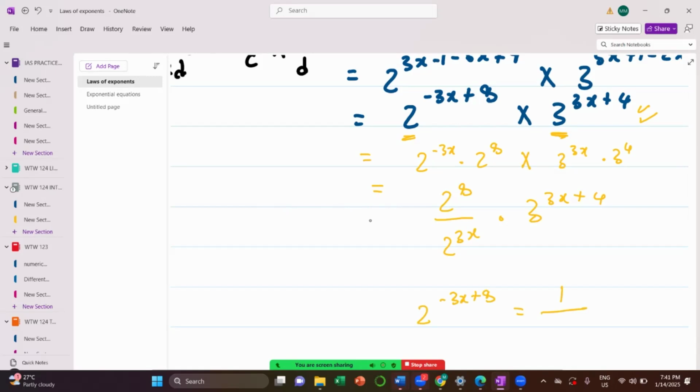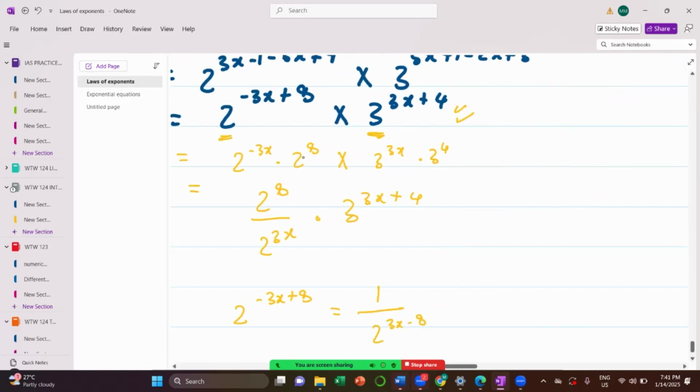So it's gonna be 2 to exponent of 3x minus 8. Because remember that there's this property: when I have a to exponent of b, it's just gonna be equal to 1 over a to exponent of negative b. There's this law. So it's a law again.